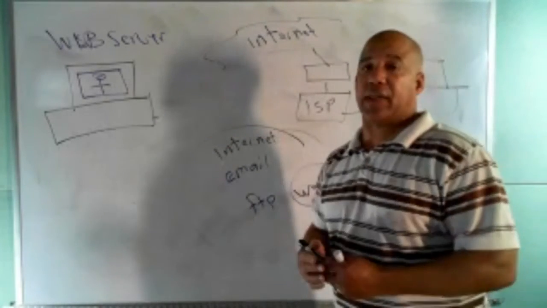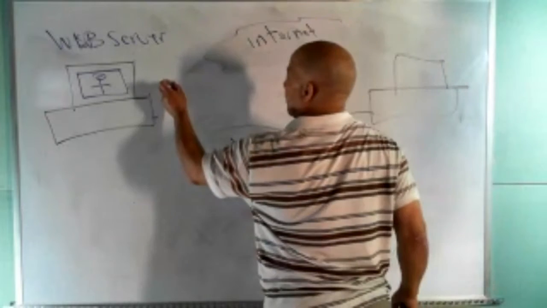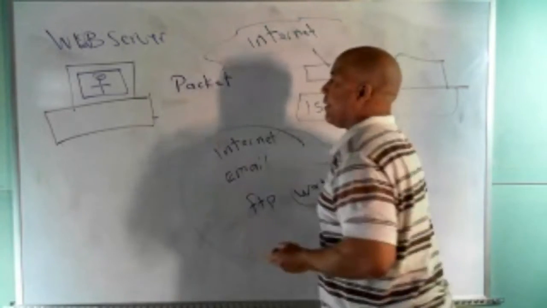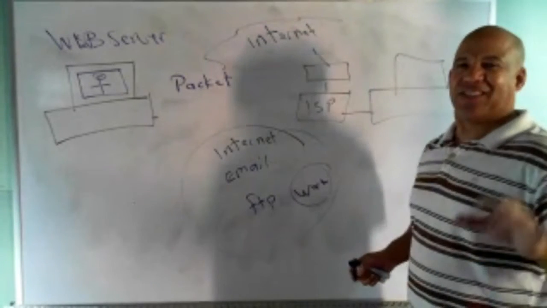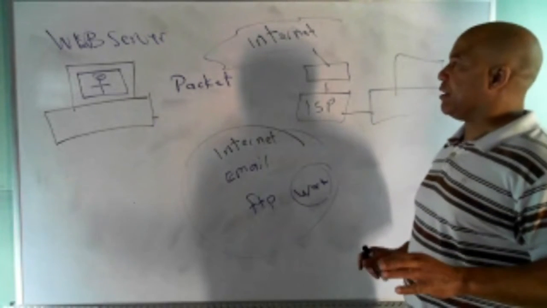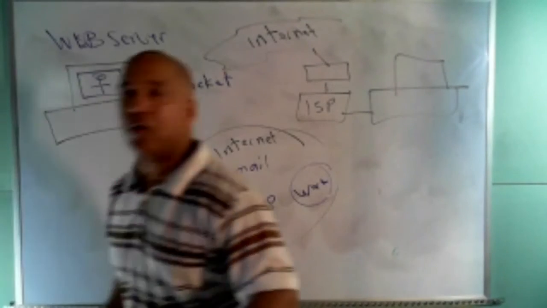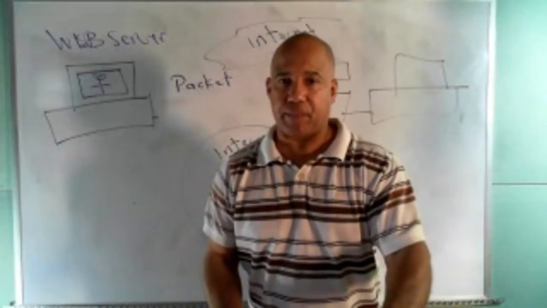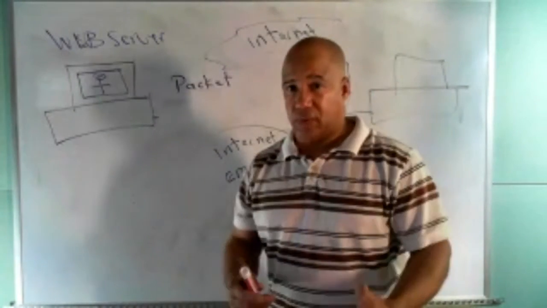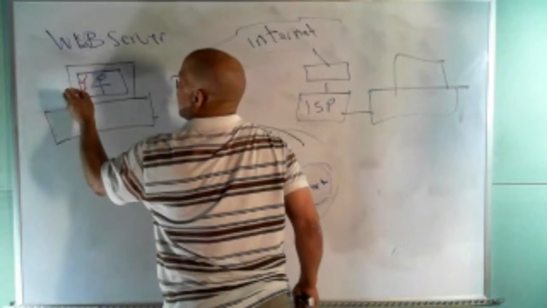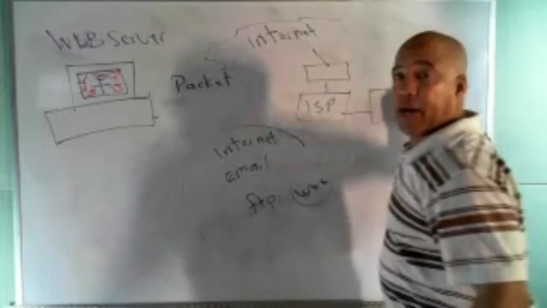So I got zeros and ones. In this case, what they do is they use what's called a packet. This gets a little involved, but I won't go into too much detail here. When you connect to a website, you get those zeros and ones from the website, your page is actually broken up into pieces and reassembled over here.